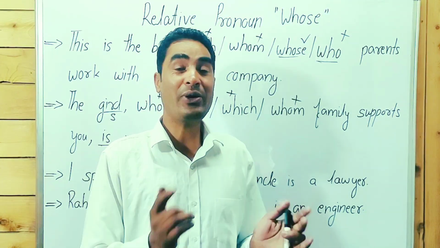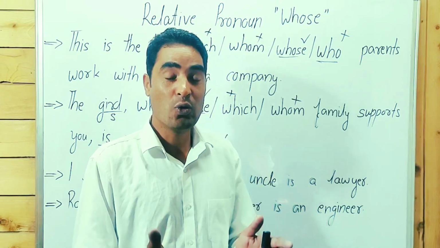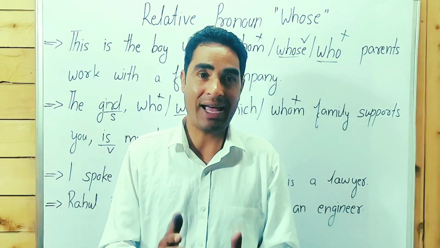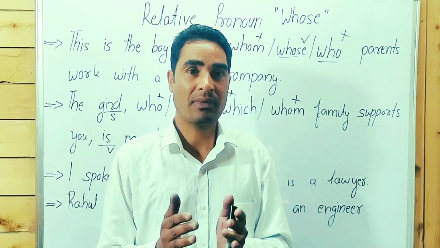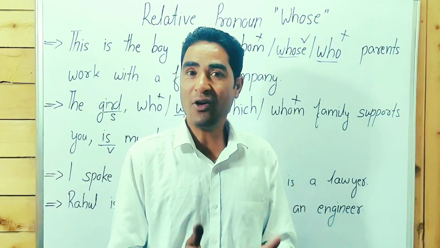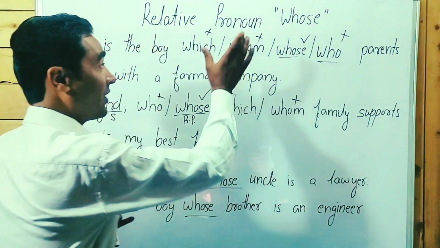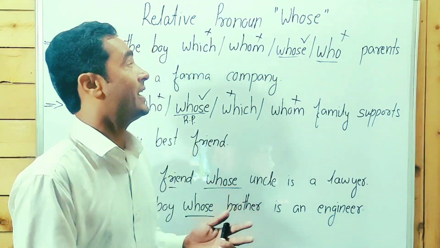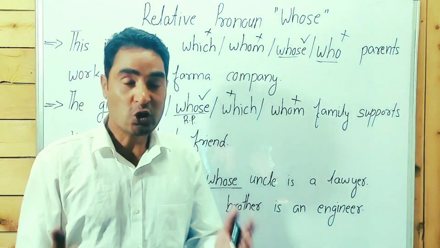I also taught you in the very first slide that to show possession we add apostrophe s at the end of a noun, but we don't add apostrophe s at the end of a pronoun. In this case we use the relative pronoun "whose" to show possession.